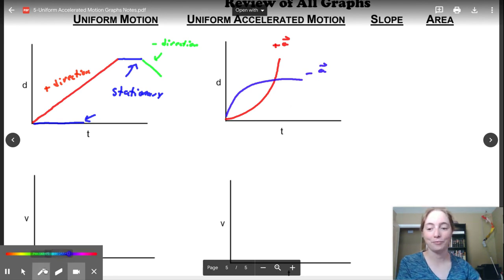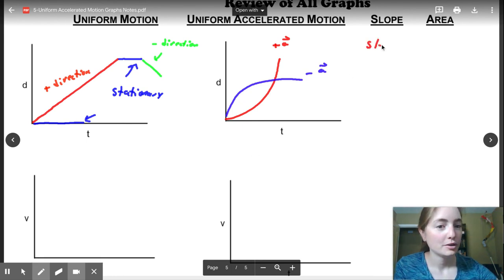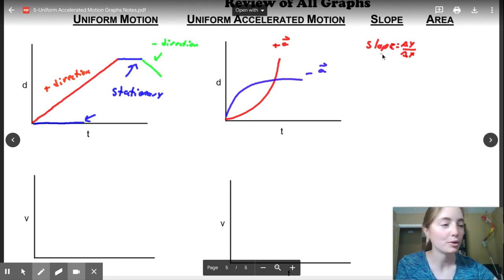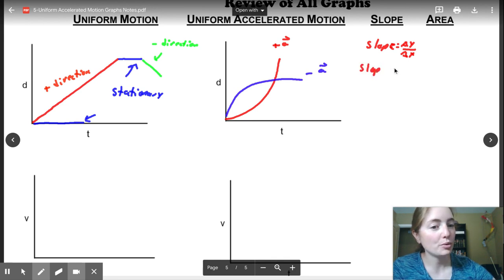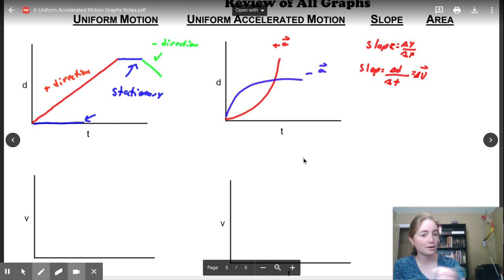Okay. So on a distance time graph, remember your slope is going to equal your delta y over delta x. And on this graph, you can calculate the slope. Okay? So your slope is going to equal your delta d over your delta t, and that's going to equal your velocity. Okay?